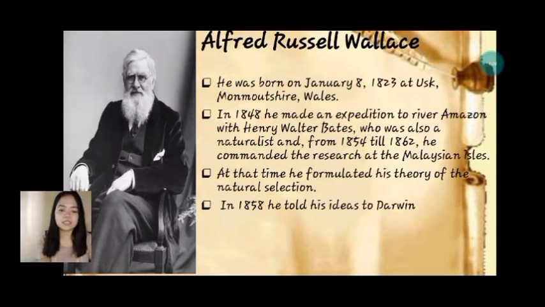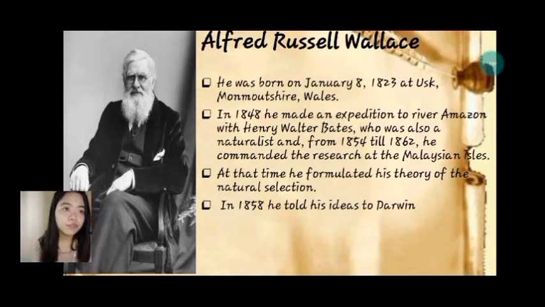So the next evolutionist is Alfred Russel Wallace. Alfred Russel Wallace was born on January 18, 1823 at Usk. In 1846, he made an expedition to the River Amazon kasama si Henry Walter Bates, na siya rin ay isang naturalist.